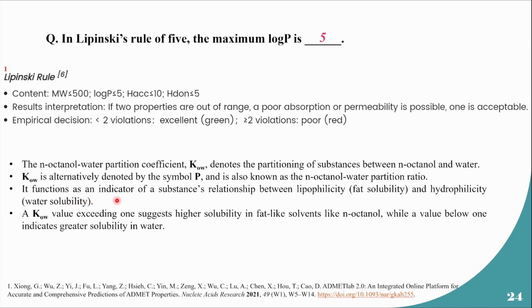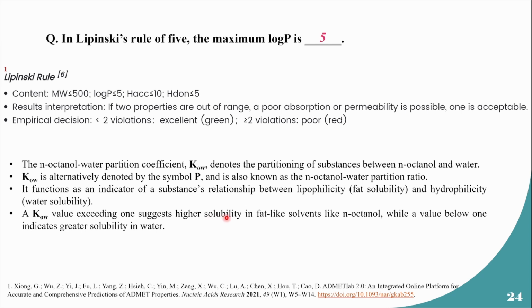Now it is an indicator of the substance's relationship between lipophilicity and hydrophilicity, that is, fat solubility and water solubility. If the KOW value is exceeding 1, that means higher solubility in fat-like solvents, because you are dividing the solubility in fat by the solubility in water, kind of, right?